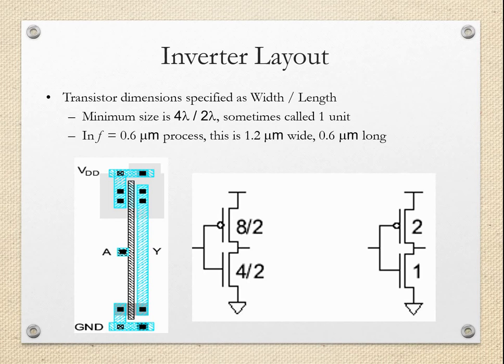Then the ERC, that is the electrical rule check, will be done. And finally the LVS, that is the layout versus schematic check, will be done. And then the GDS2 file will be prepared, which can be sent to the foundry for the final fabrication of the chip.